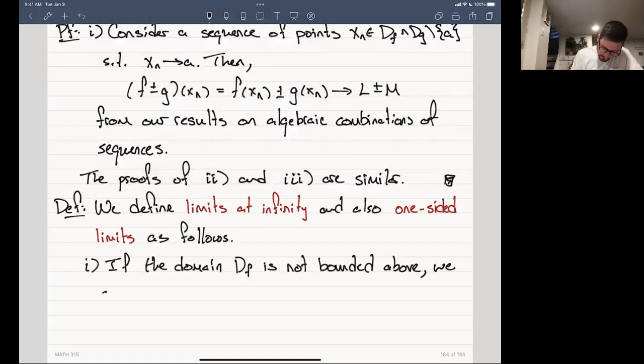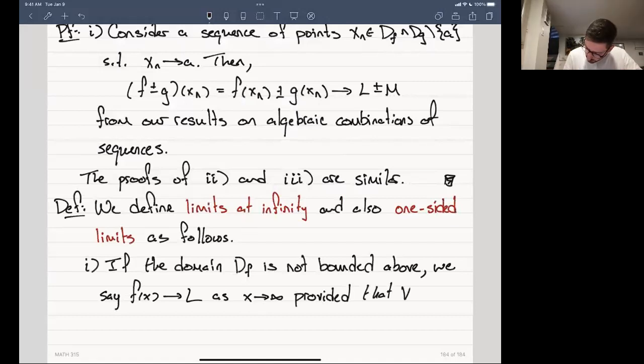We say f of x approaches some limit L as x goes to infinity, provided that for all sequences, right? So this is the real importance of the sequential criterion now, is because we can use everything that we know about sequences, all the work that we've done, we can carry it over to limits. Carry it over to limits and carry it over to functions.